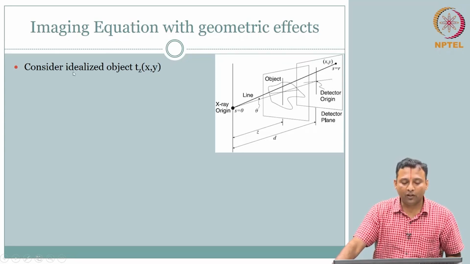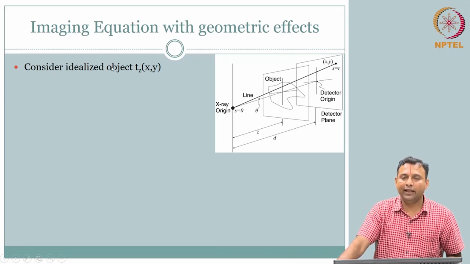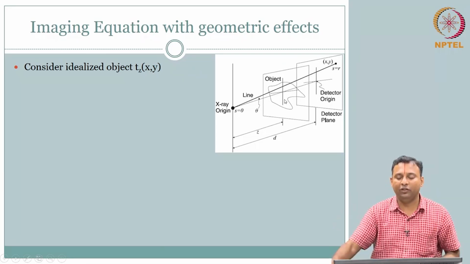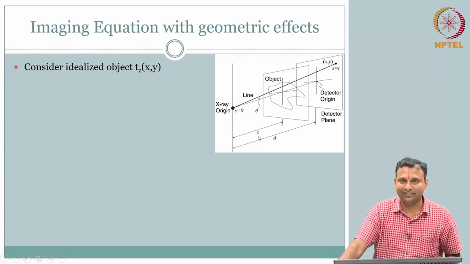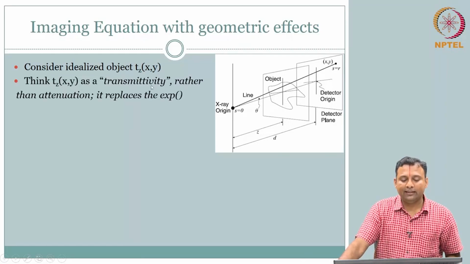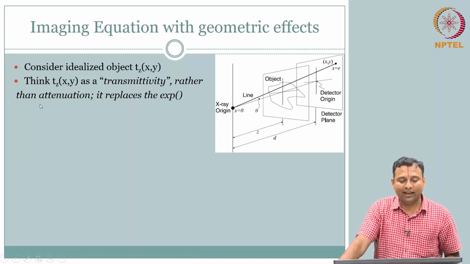So consider an idealized object. Why is it idealized? Because it is infinitesimally thin, it does not have a thickness, and instead of just varying the mu, we are saying that the object is actually mu into delta x. That is the value that you see as the variation. So think of Tz as transmittivity rather than the attenuation.